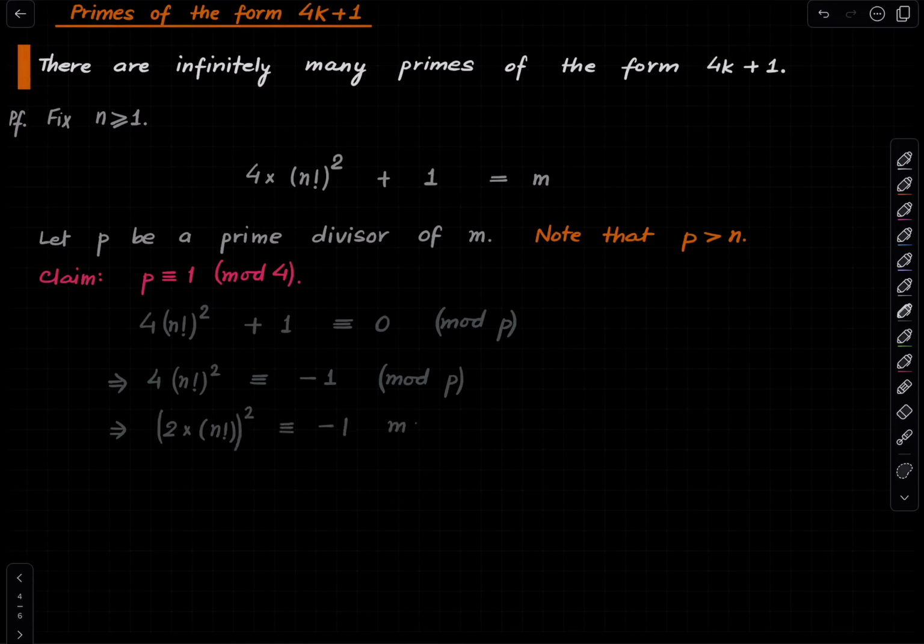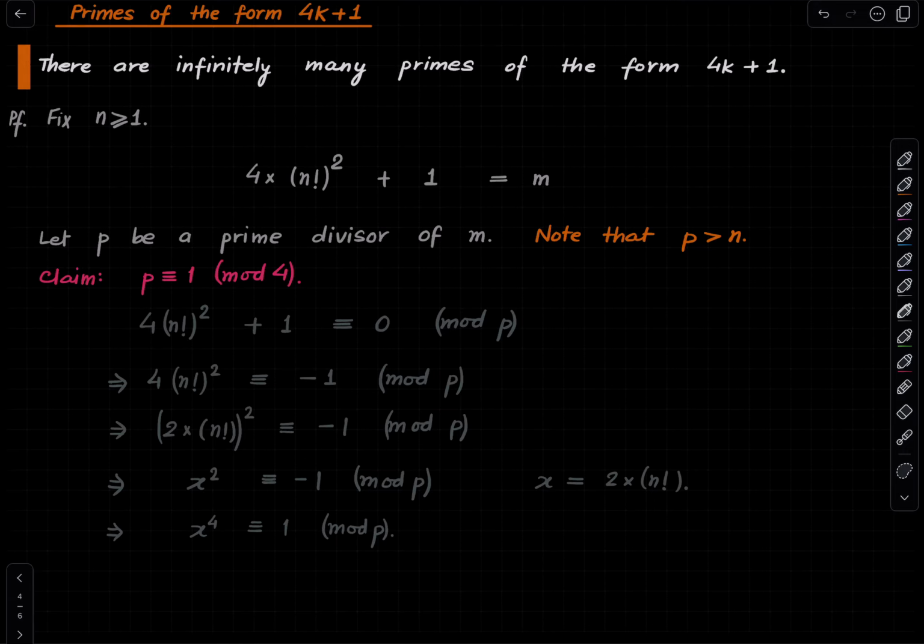And instead of 2 times n factorial, let me write x. Just a change of notation. X is nothing but 2 times n factorial. So in particular, this implies that x to the power 4 is congruent to 1 modulo P. Right?